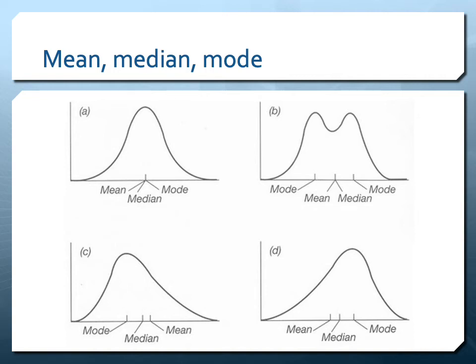Then you have situations where C and D, something called skewed, so either skewed to the left or skewed to the right. And in those situations, your mean, median, and mode are all different.